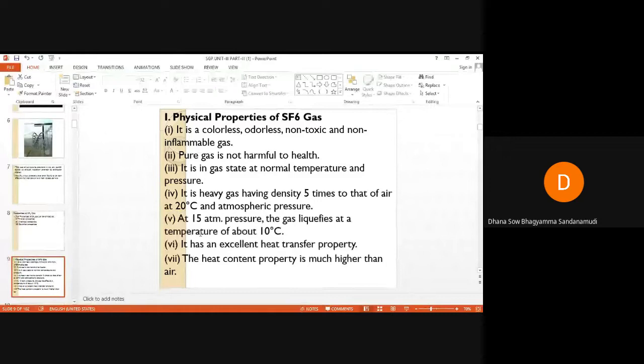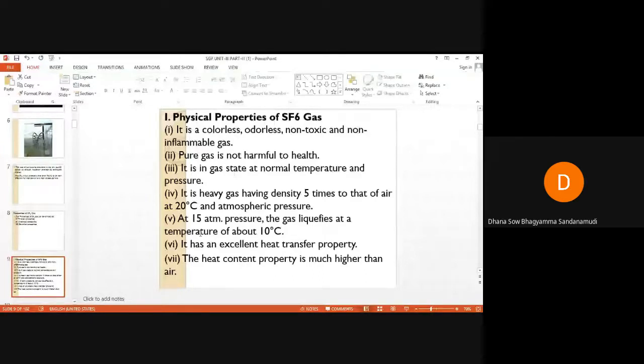Of course at normal temperature and pressure the gas is in gaseous form, but it will start liquefying at certain low temperatures.